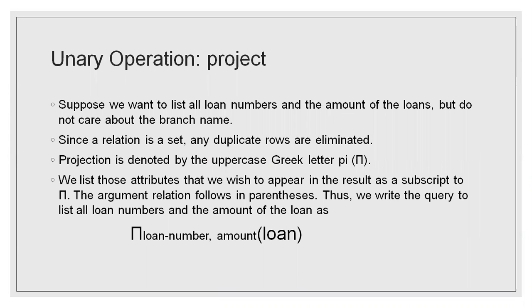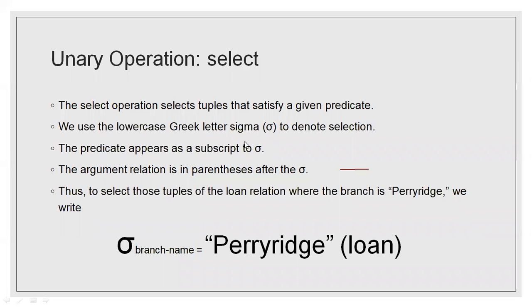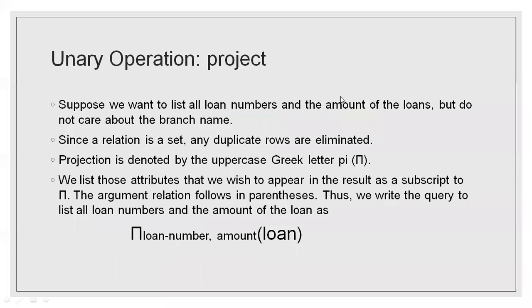That's why you can see here project is denoted by pi for whole columns, whereas select is denoted using sigma for tuples, rows, and project for columns. So we use pi.